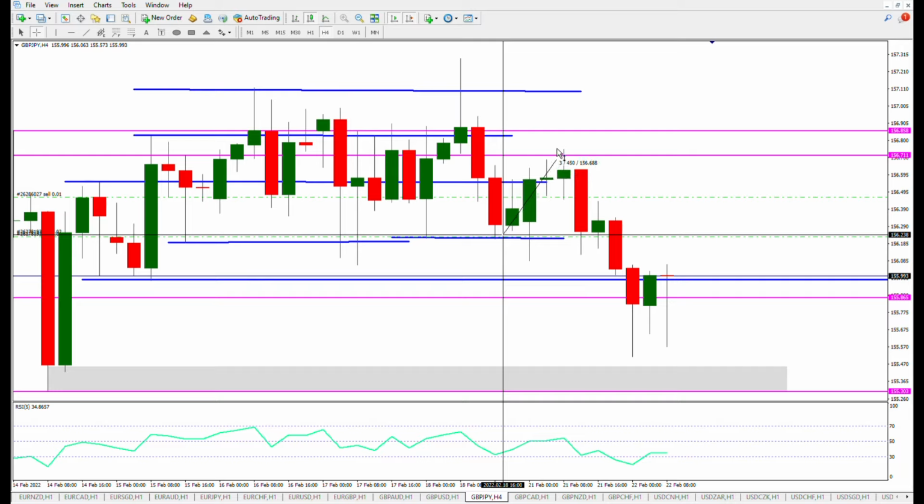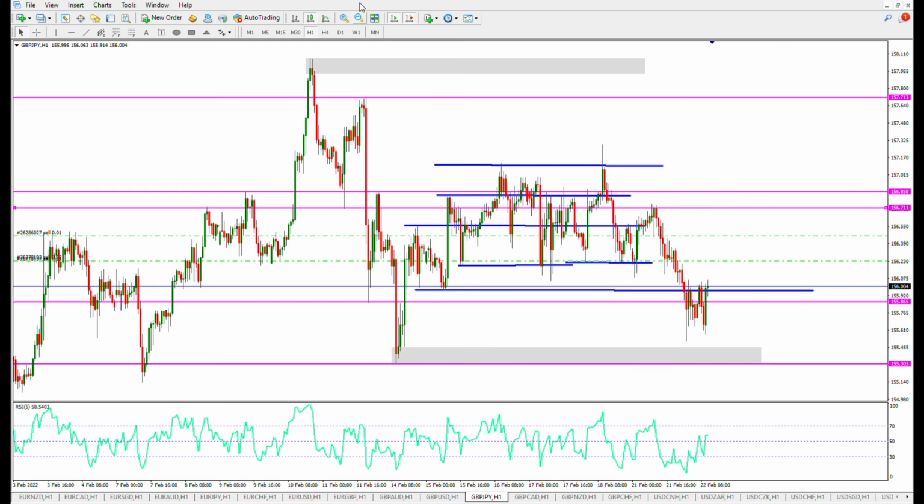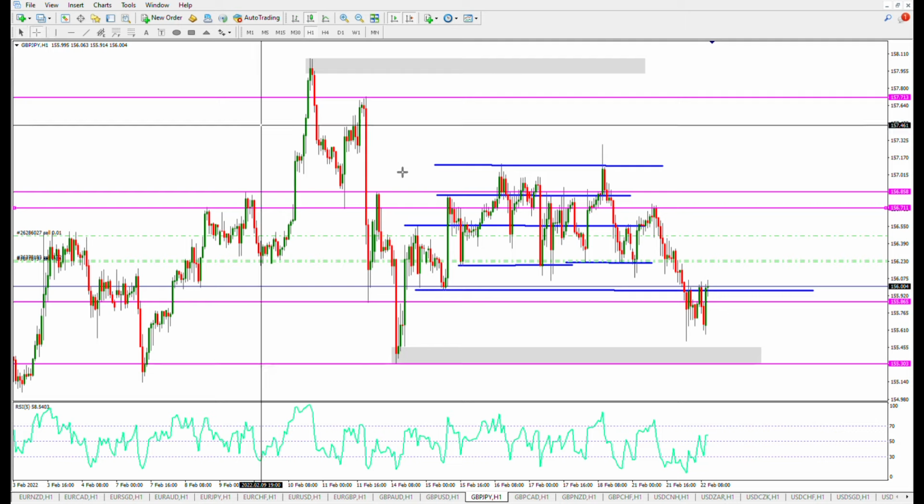It went up a bit, around 40 pips, close to 50 pips to the bullish, but a couple of candles in it, then it started to rally down, to go down a bit, and this is where we took our orders.